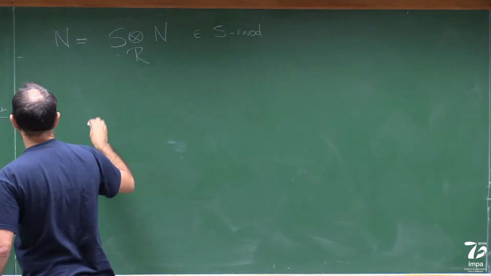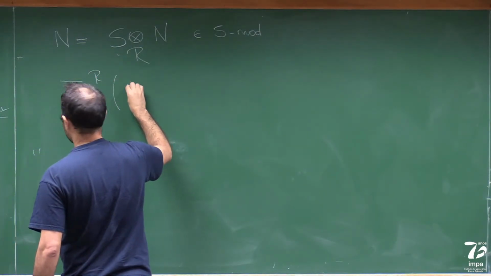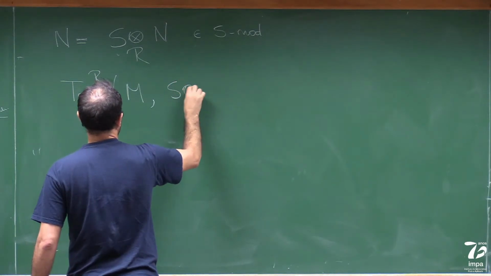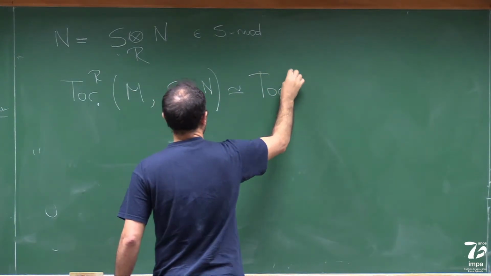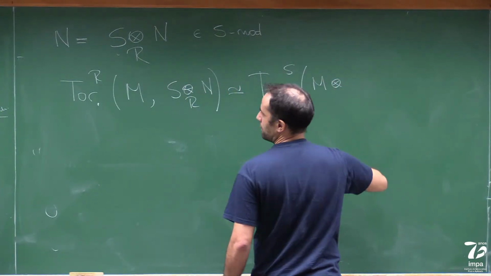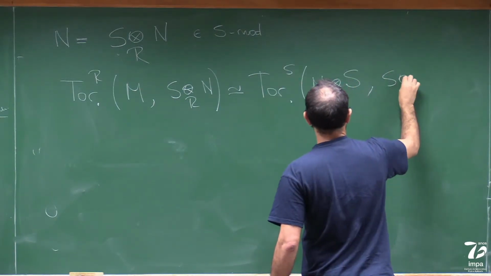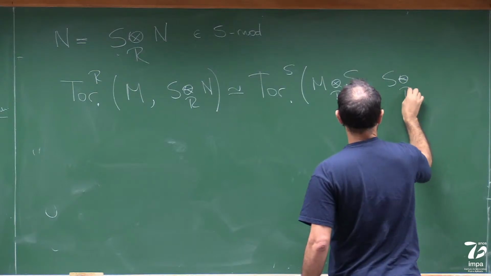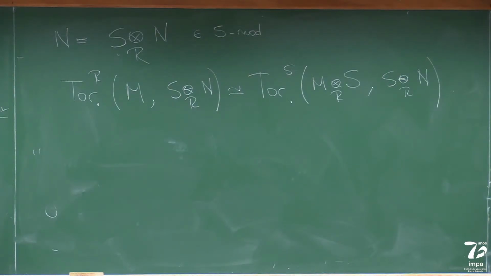And that theorem there says that Tor over the ring R of M with S tensor over R with N is the same thing as Tor for the ring S of M tensor over R with S, tensor over R with N. So that's what this theorem says.